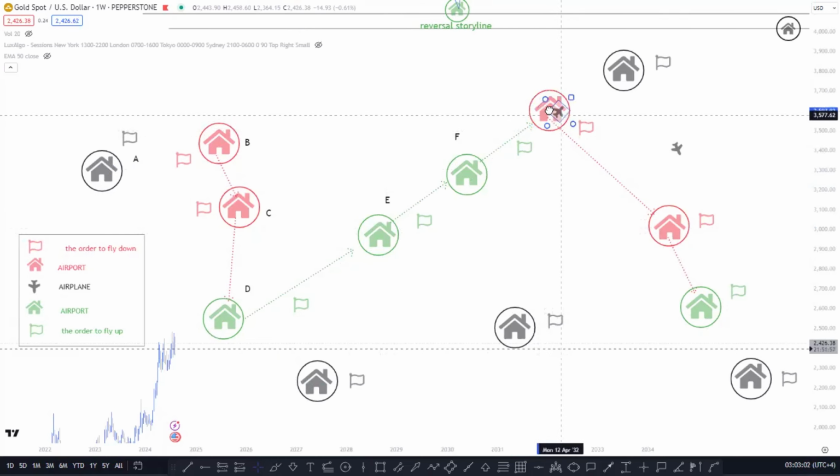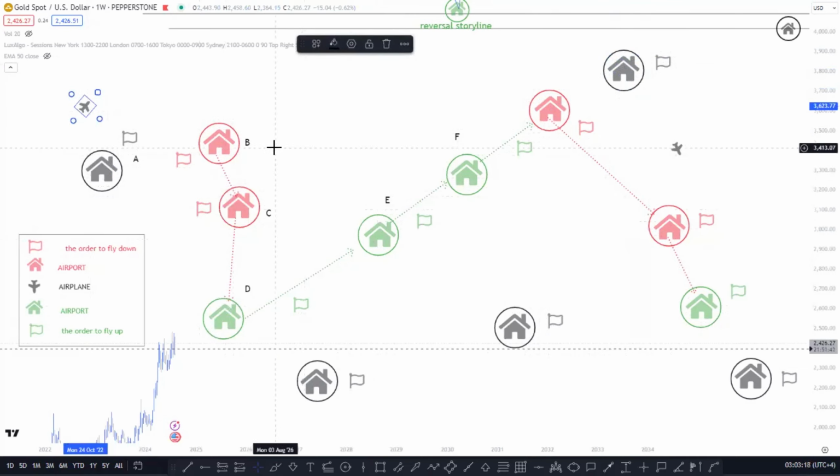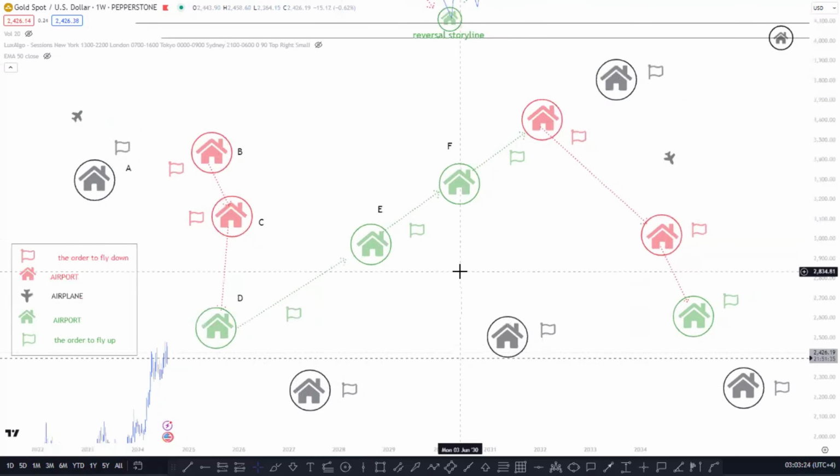If this airport didn't raise another red flag, the airplane will move to another airport below and will not reach this airport. As I said, this is how the journey of the airplane plays out.